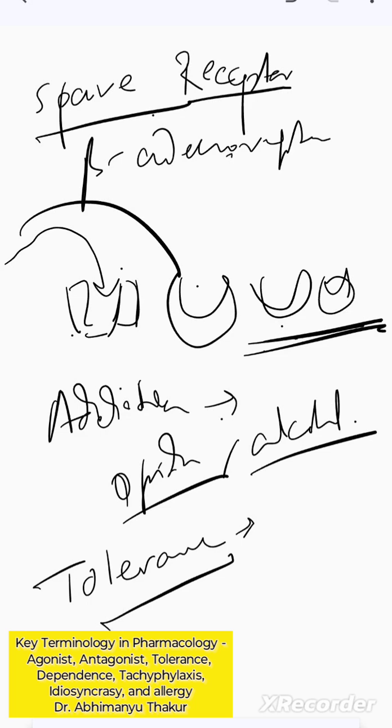That's called dependence. A lot of people become dependent on alcohol, or on drugs like benzodiazepines. If we withdraw them all of a sudden, there will be a lot of withdrawal symptoms, and that overall phenomenon is referred to as dependence.